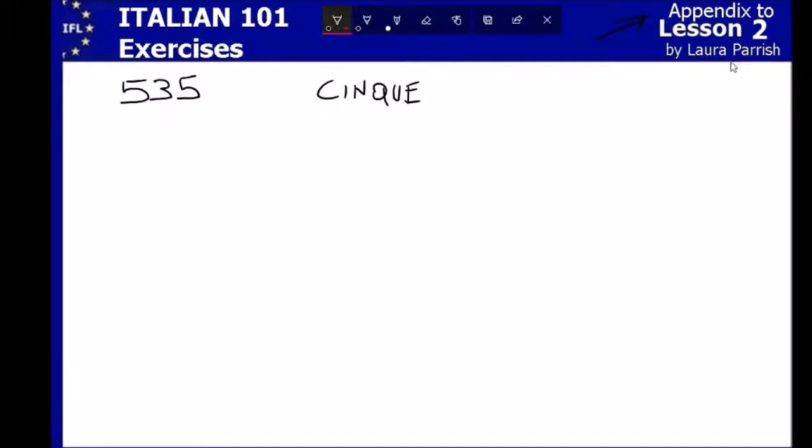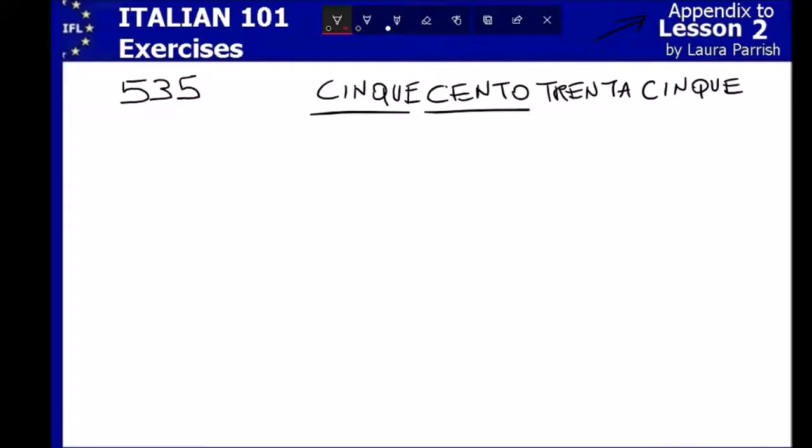So you write 5, then 100, 5 hundred, then 30, and then 5, because this means 5, this means 100, this means 30, and this means 5. So 535.